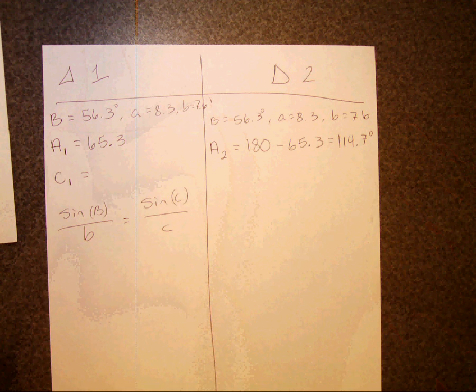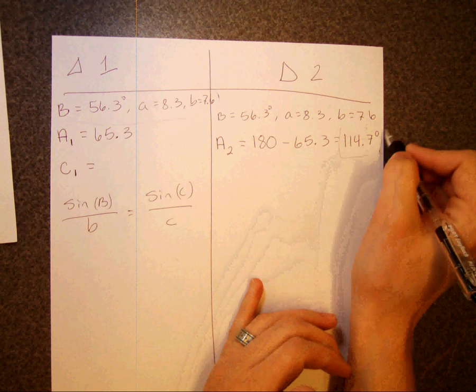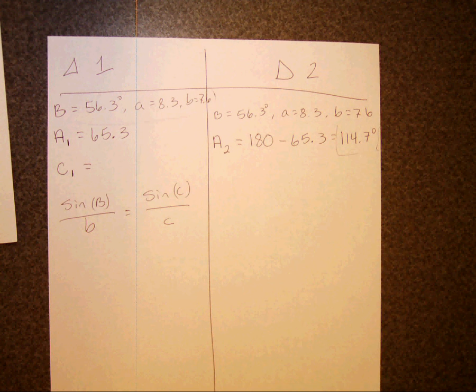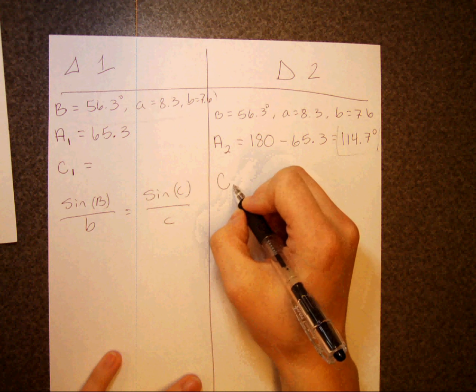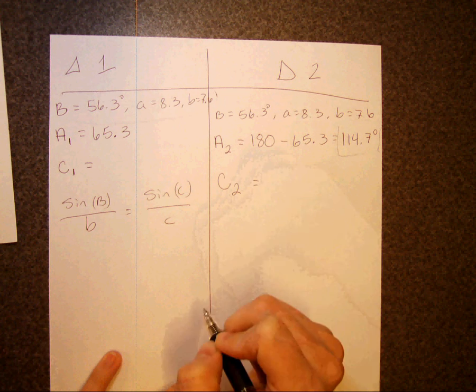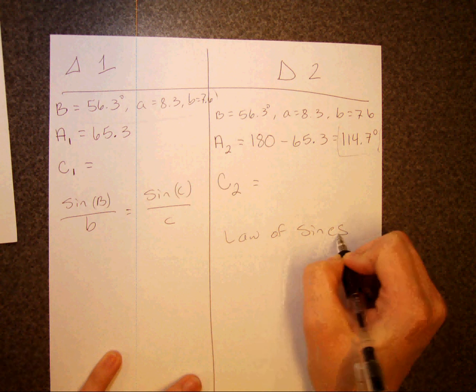I'm going to do the same exact steps now to solve this second triangle, but using A equals 114.7. And so again, I'm going to find angle C2, and then I'll use my law of sines to figure out what side C is.